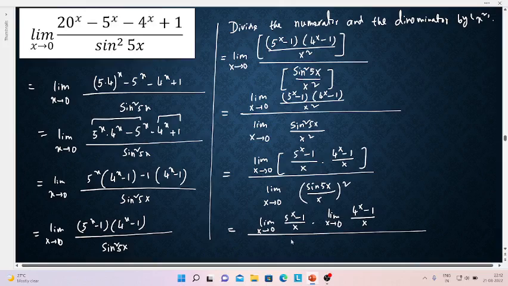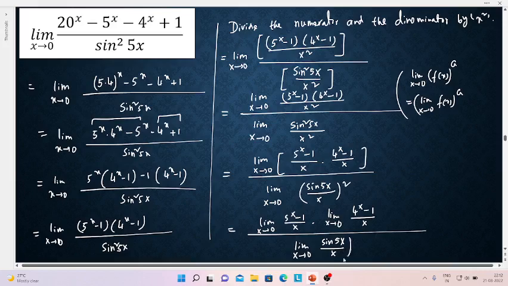And on the denominator we can apply the formula that limit x tends to 0 of a function to the power of a constant can be written as the limit of that function, whole to the power of that constant, right? So we apply the formula on the denominator, so we have limit x tends to 0 of sine 5x over x, that part whole square, right? So here we have space, so let me write down the answer in that particular space.